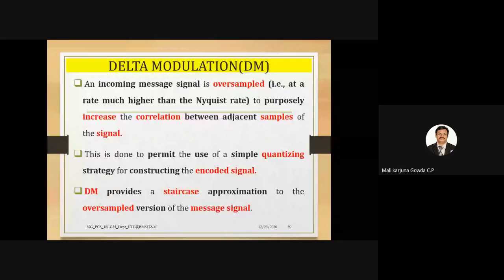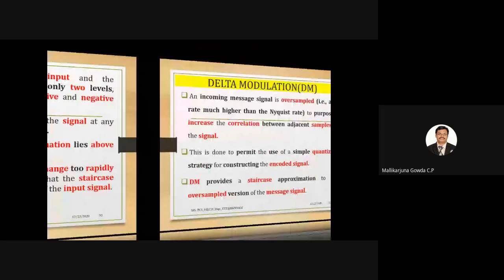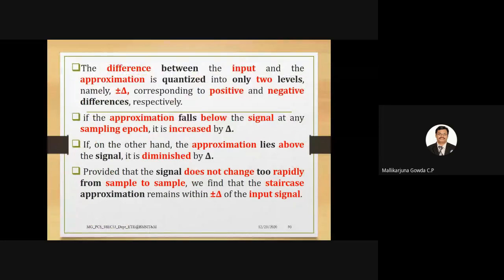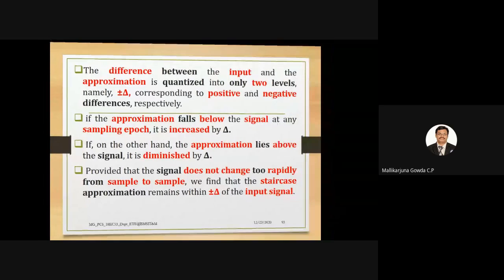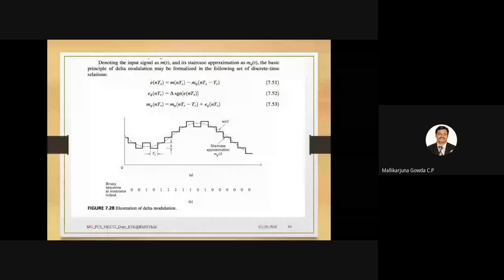So here also we get a staircase version of the signal. You will understand this if I go through the example; if I only say the theory, you may not. So I will take the example and explain. This is the example. Now you don't look at the equations. Let us try to understand with this example.